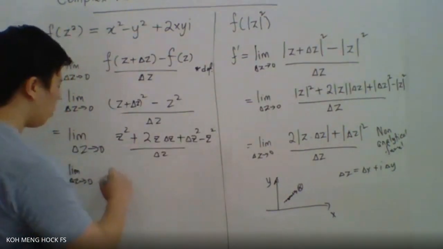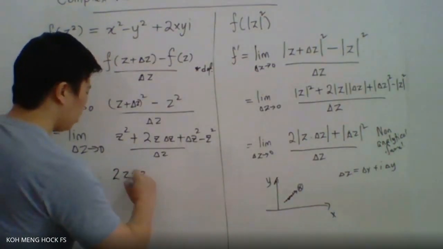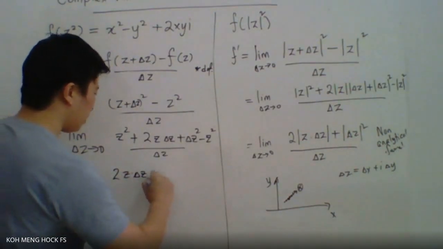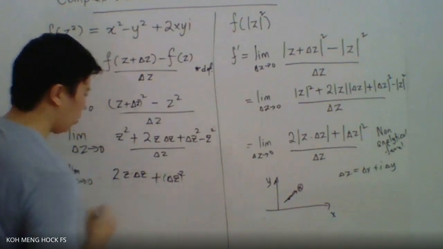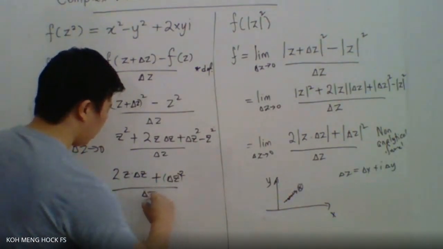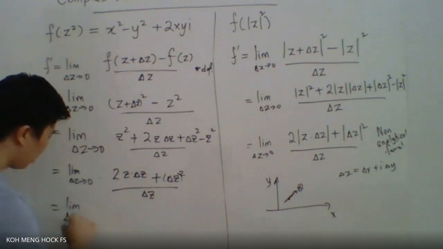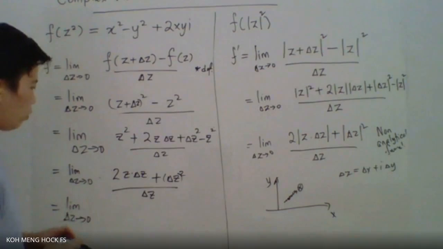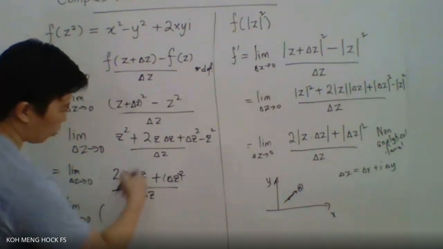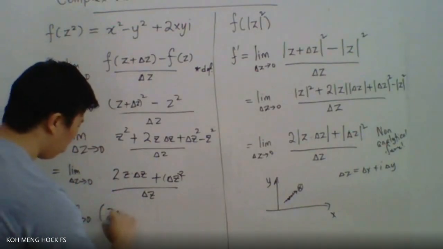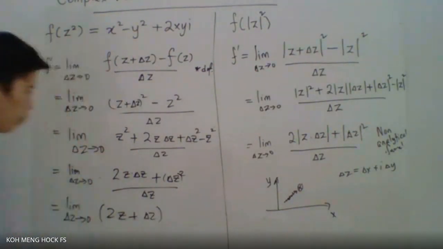Again, cancel off, so I have 2z delta z plus delta z squared, divided by delta z, and now I have the limit as delta z tends to 0. So when I differentiate them and cancel them off, I will have 2z plus delta z.